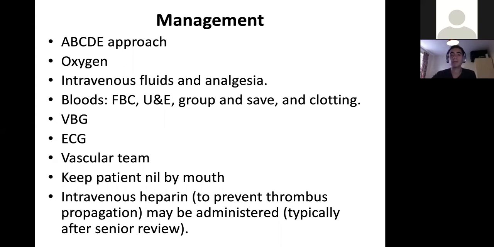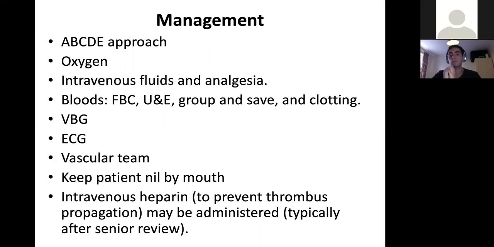This patient might need surgical intervention, so we need to have a group and save and clotting screen ready. A blood gas, looking at the lactate, which tells us about vascular compromise. An ECG, thinking about atrial fibrillation, and of course, early involvement of the vascular team.